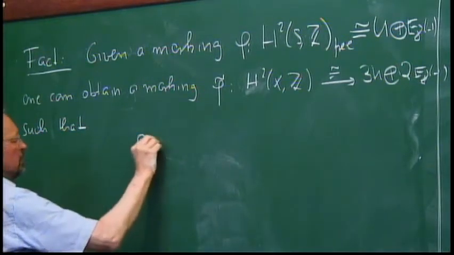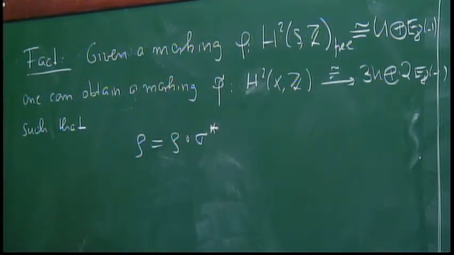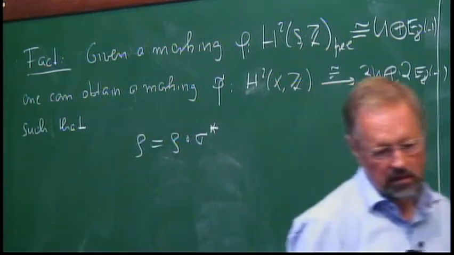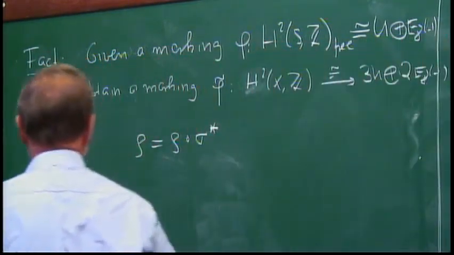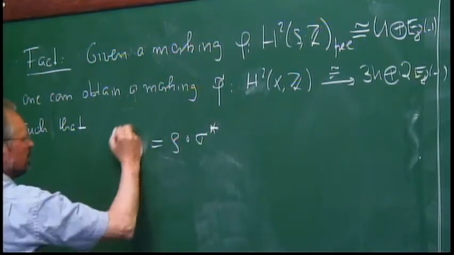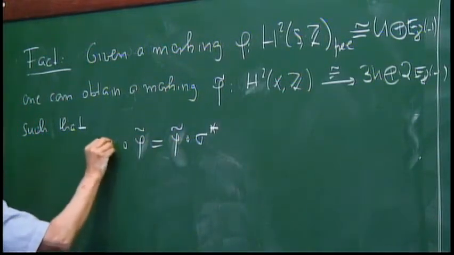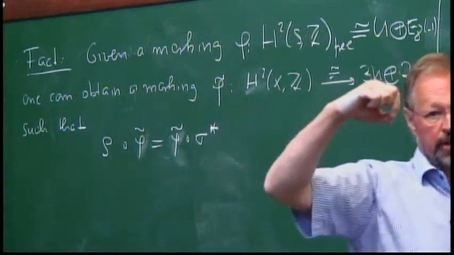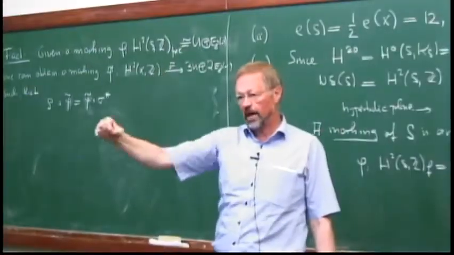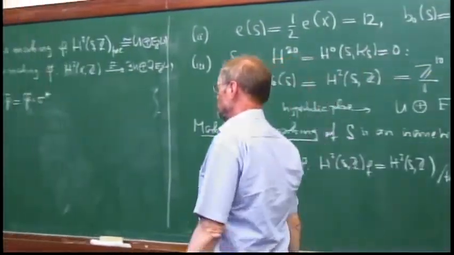Let me now get this straight. Sorry, this is the phi tilde, this is the rho. In other words, I can find a marking of the K3 surface which is compatible with the involution sigma.